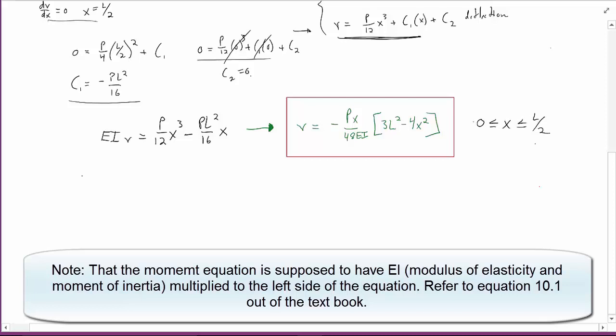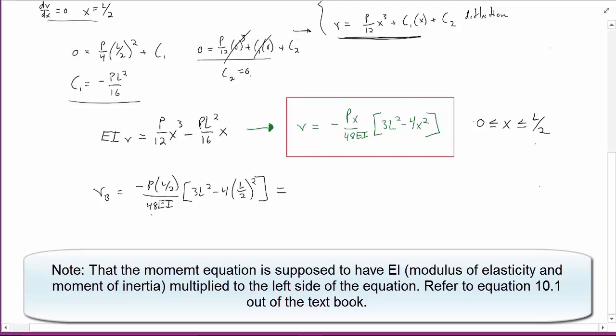Okay, so now that we have this, we need to determine what is the deflection at B, right? So our deflection at B is going to equal, we're just going to plug in what x is at B, which is L over 2. So just plug that in and solve. Plug and chug at this point. So L over 2 over 48 EI multiplied to 3L squared minus 4 L over 2 squared.